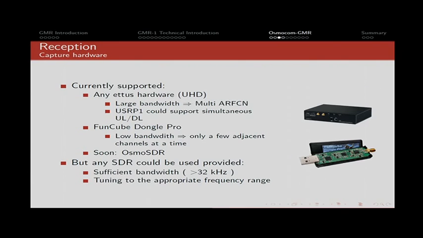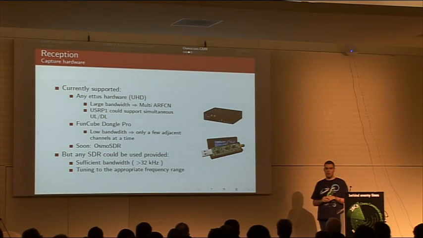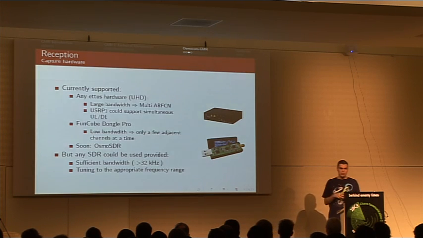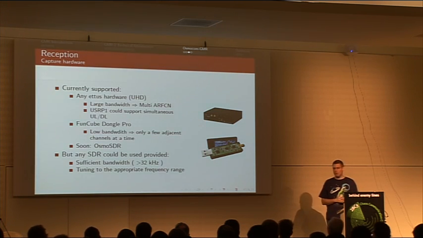So, capture hardware. You can use any software-defined radio you like as long as it can save C files. But our capture utility has specific support for UHD. So basically, any Ettus hardware there is, you should be able to use, as long as you have a matching daughter board for the correct frequency, of course.